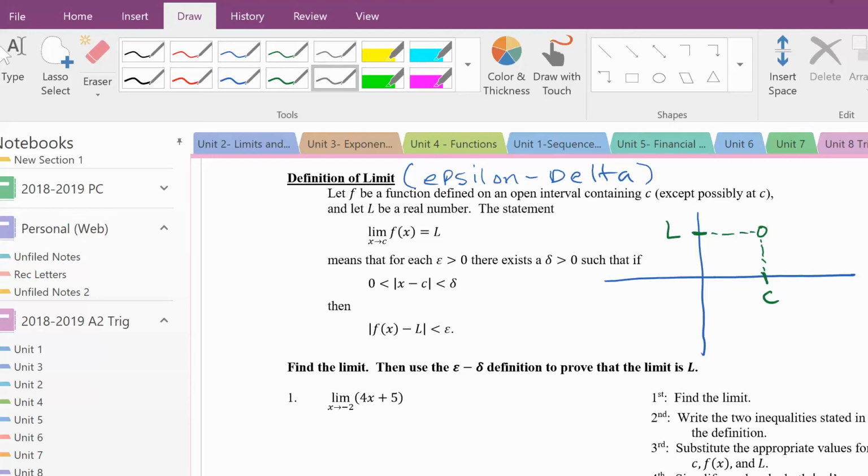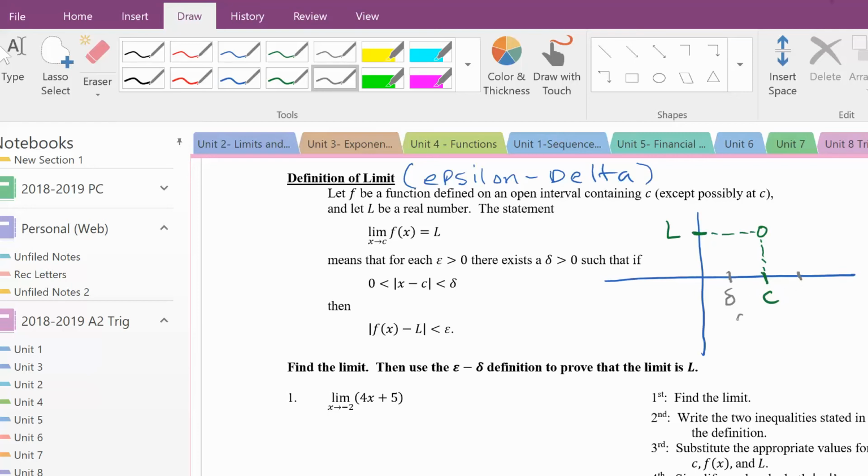What this is saying is that if you change the horizontal distance, and it doesn't matter if you go this way or this way, we'll call the horizontal distance delta. It could be either direction.